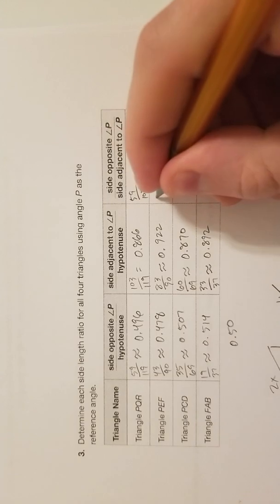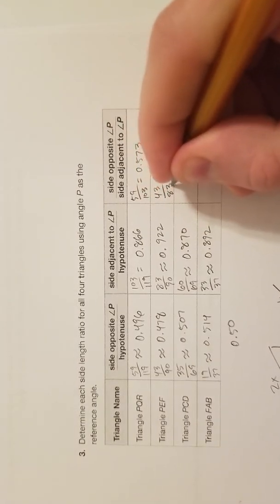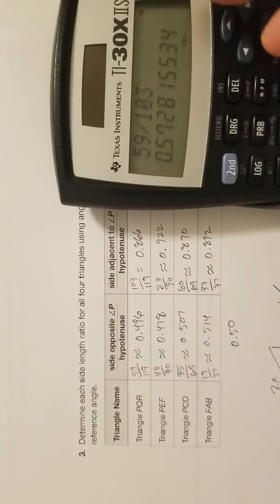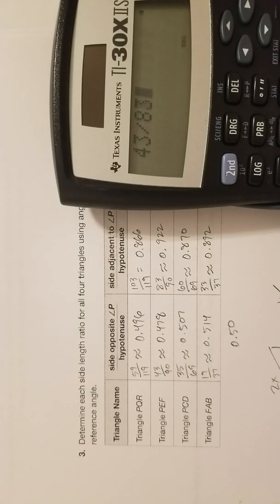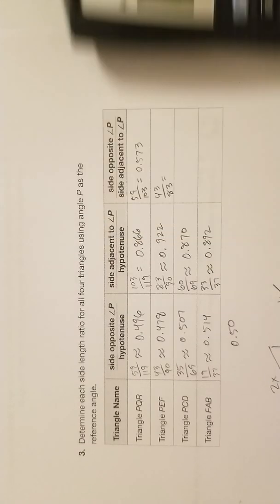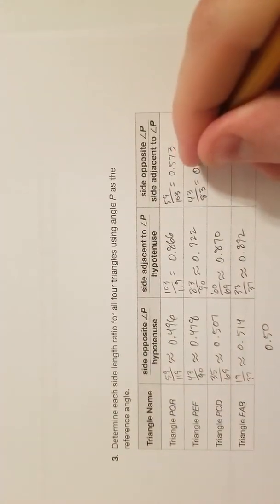Okay, let's do the next one. I got 43 over 83. This is about 0.518. And then the next one is 35 over 60.